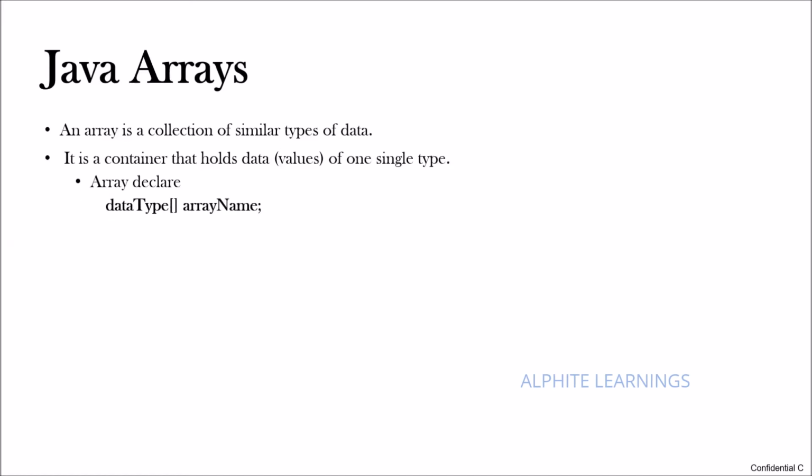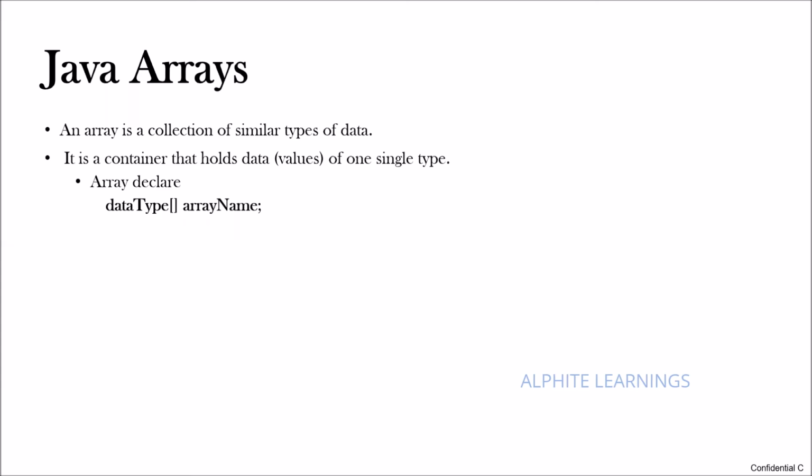Okay, so declaring an array is similar to how we learned a variable. First we give the data type, and then we have the square bracket. This square bracket thing is new with array. If it is only a variable, we give the data type and then the name of the variable, right?